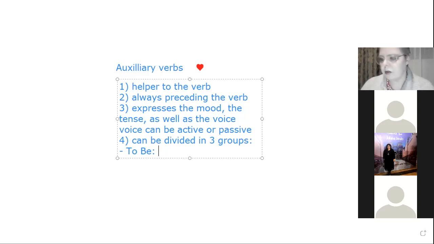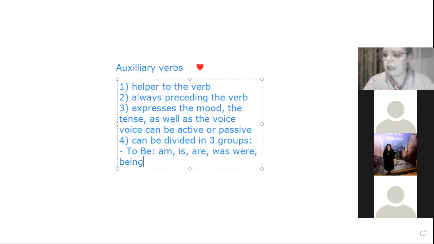I'm going to write them down now. Being and will be. Like I said, am, is, are, was, were, being, and will be. That is to be. It says if it exists, what it's doing.